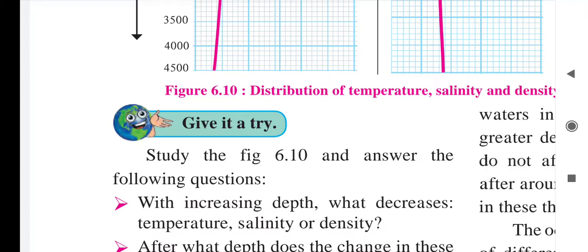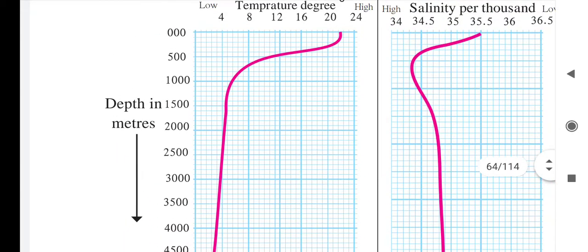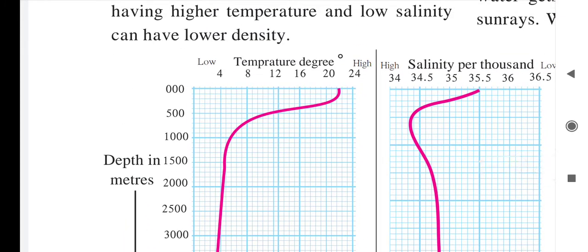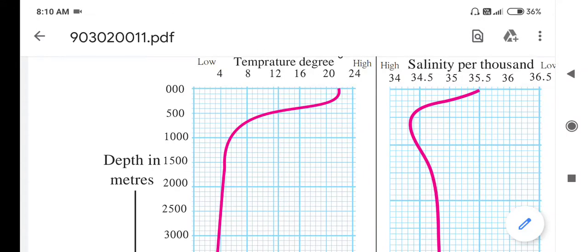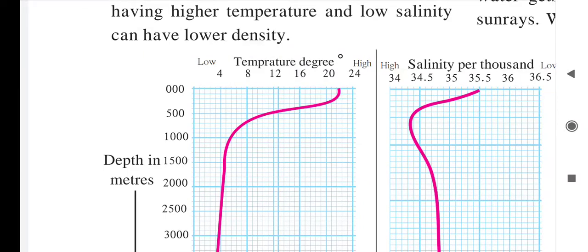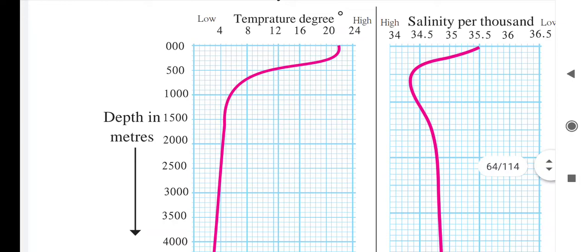See students, temperature is given as 4 degrees, 8, 12, 16, 20 and 24, and depth is also given: 500 meters, 1000 meters, 1500, 2000.